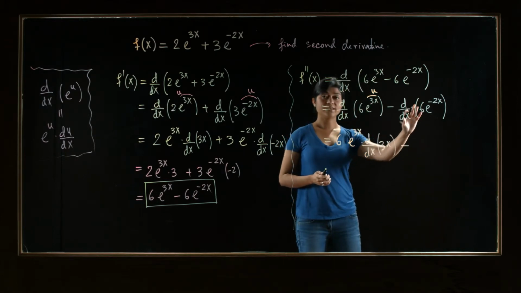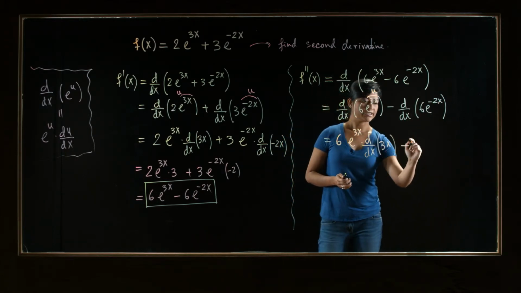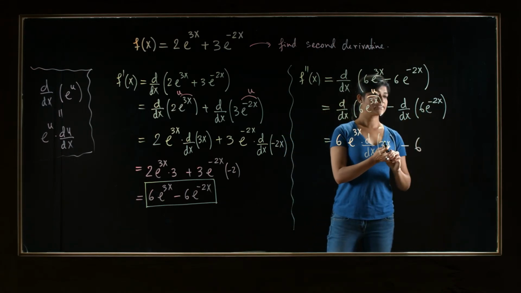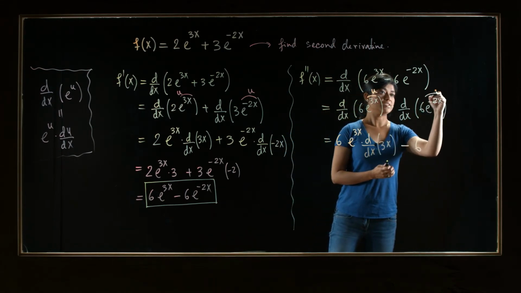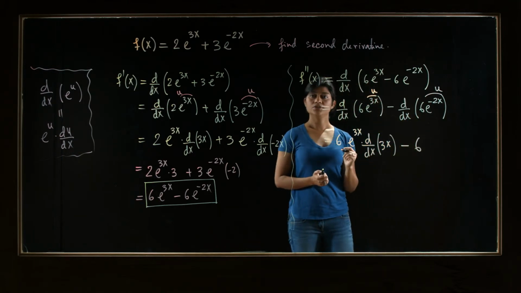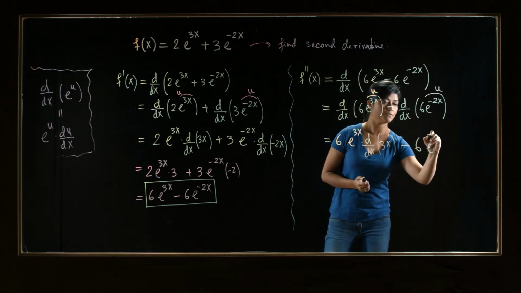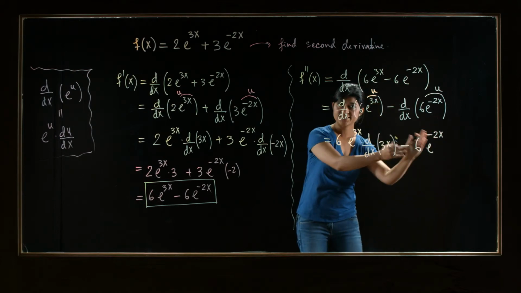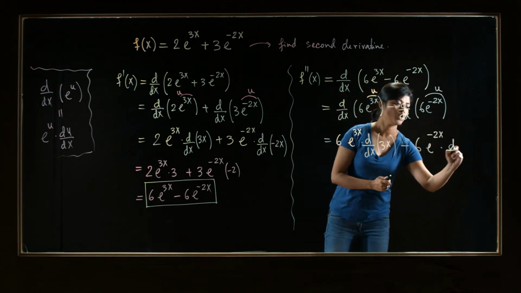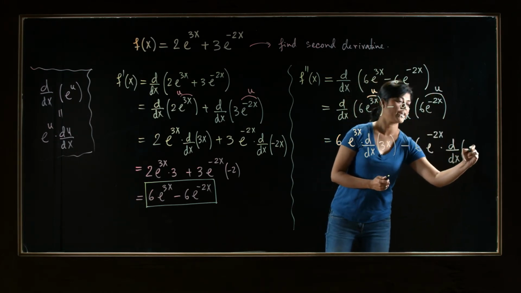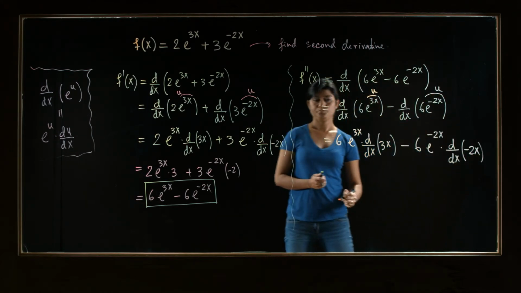Okay, let's do the same thing for the second expression. 6 just comes down, and for e to the negative 2x, this negative 2x is now the u. So the derivative is: write down the function e to the negative 2x as it is and multiply with the derivative of the exponent, which is negative 2x.